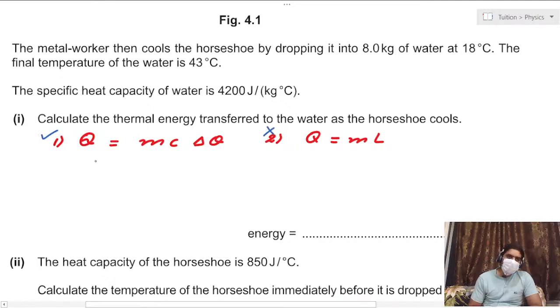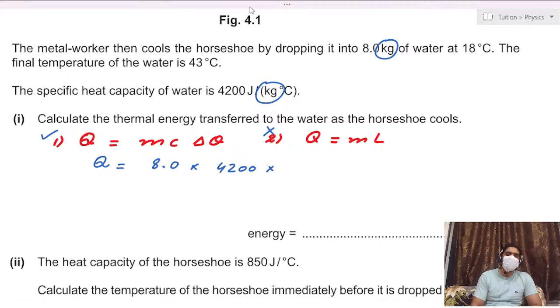So Q equals, now what is the mass given? 8.0. What is the specific heat capacity? 4200. It's also in kilograms. These two are in kilograms, so no need to convert anything, times delta theta, and delta theta is 43 minus 18.